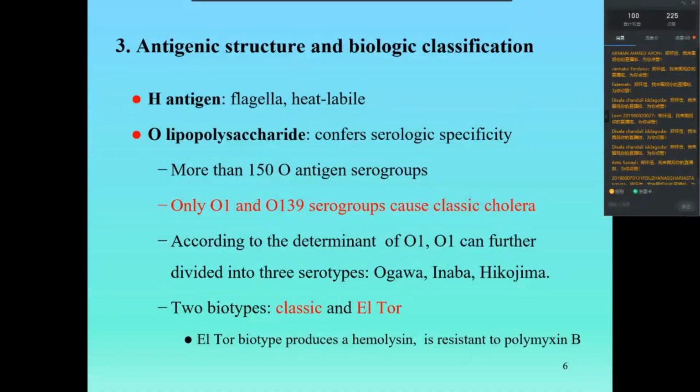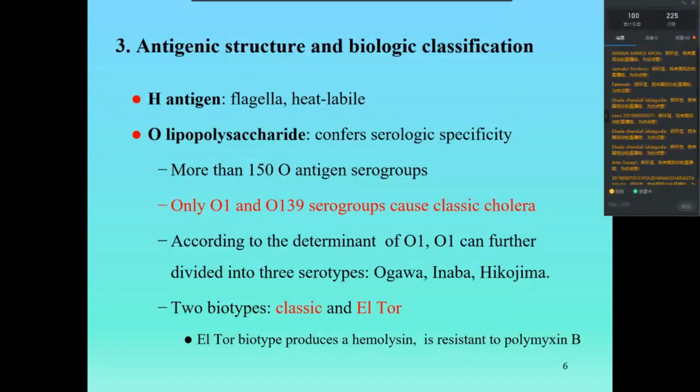Those two serogroups, we call them classic cholerae. And the O1 antigen can be further divided into three sub-serotypes. I think this is based on the location where they were identified.